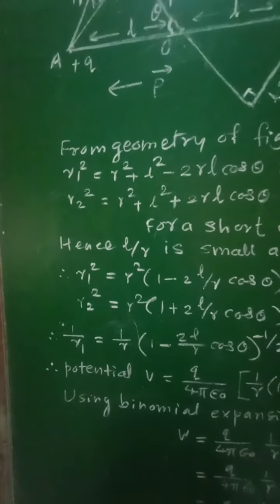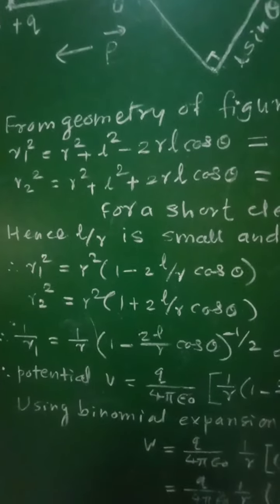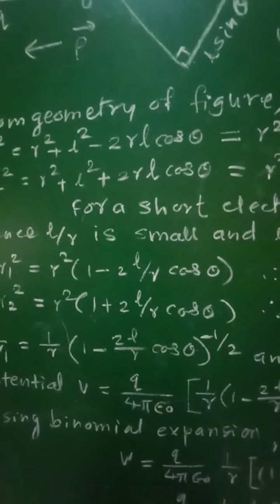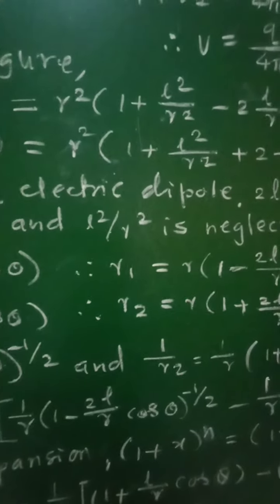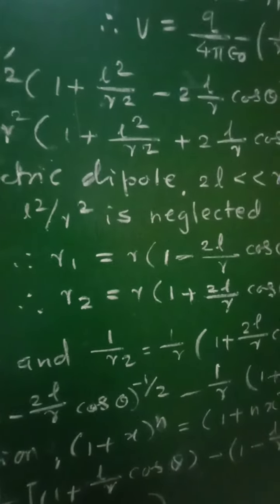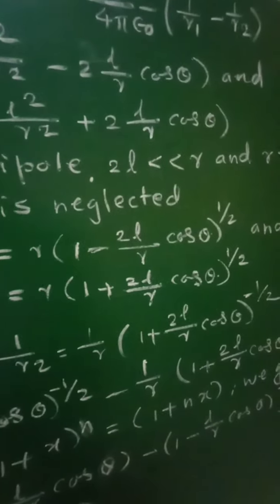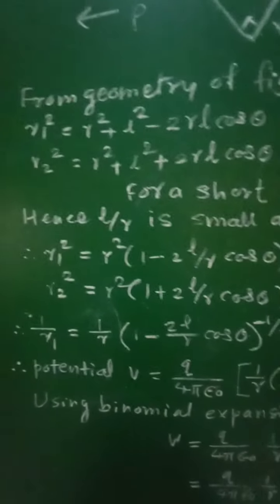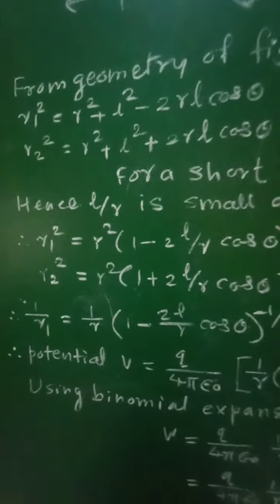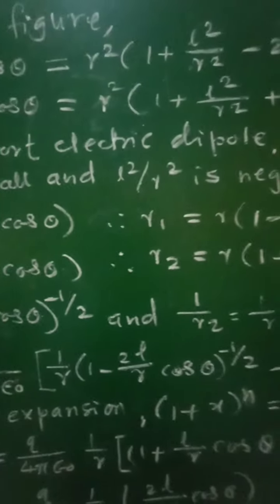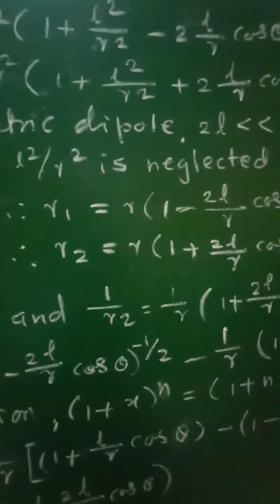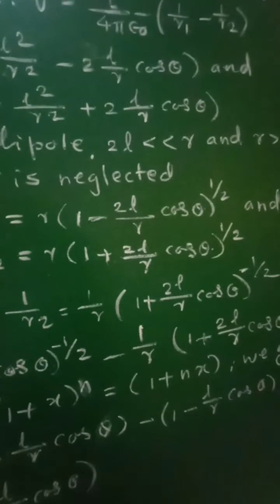Now r1 square equal to r square into 1 minus 2L by r cos theta, and hence taking square root, r1 will be equal to r into 1 minus 2L upon r cos theta raised to half. Similarly, r2 square will be equal to r square into 1 plus 2L by r cos theta, and therefore r2 equal to r into 1 plus 2L by r cos theta raised to half.